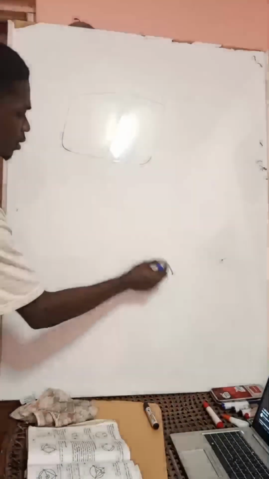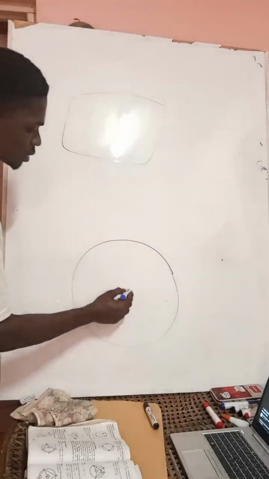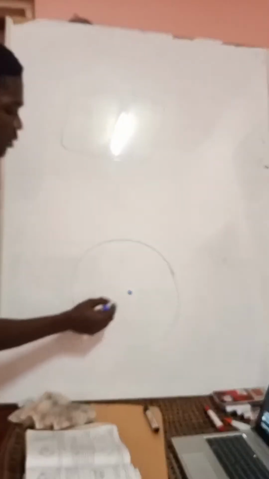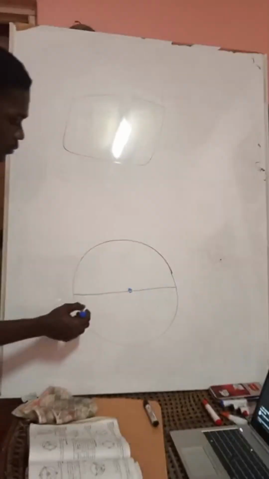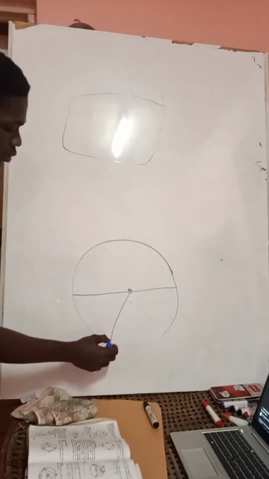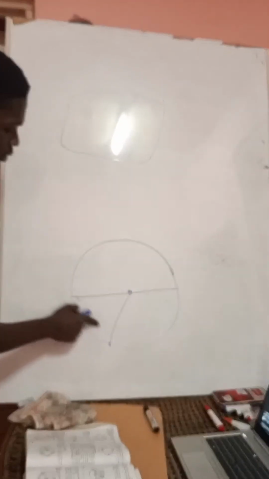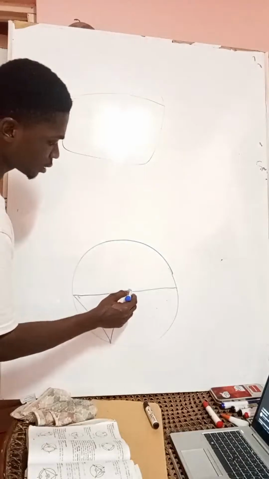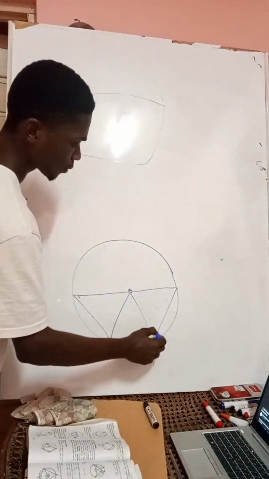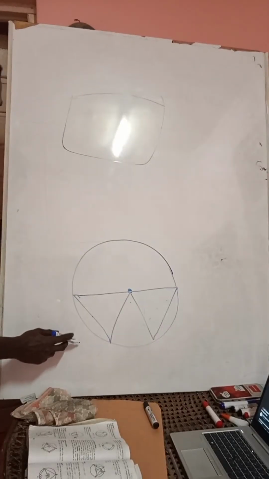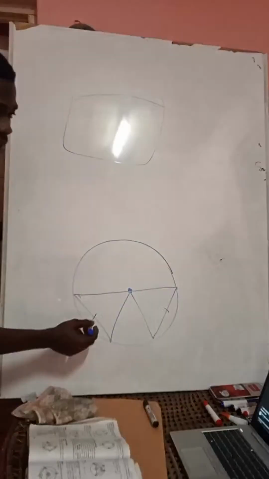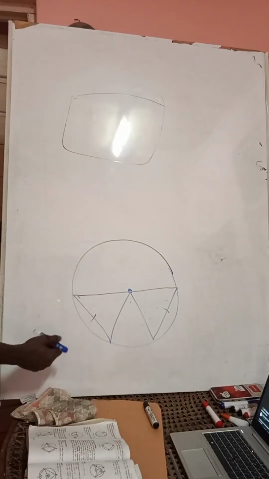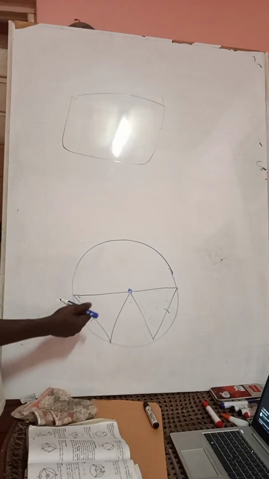So you see, if you have a circle, and this is the center, and then this is a straight line, and it has two triangles in here. Then two of the chords, this side and this side, are equal.